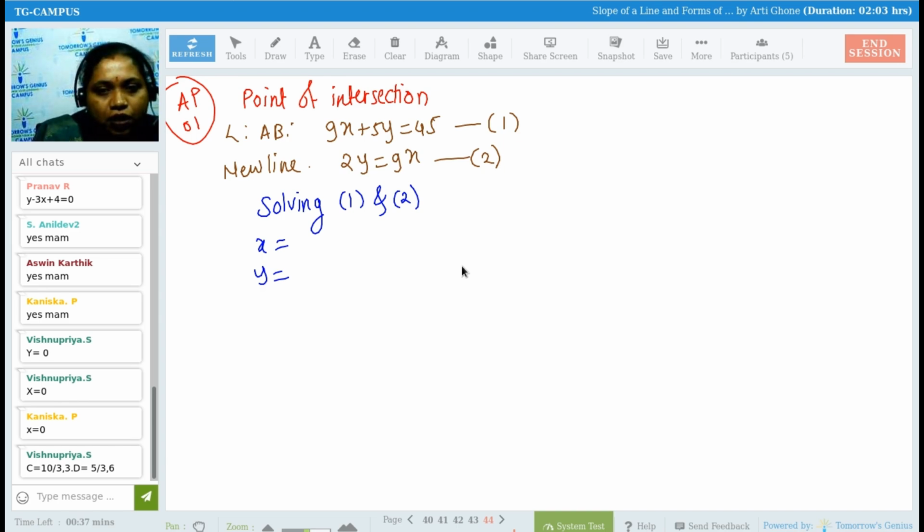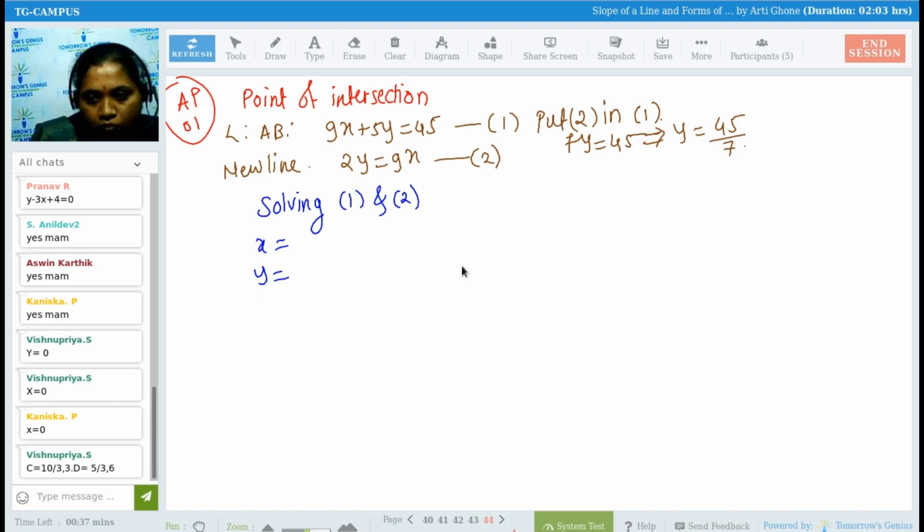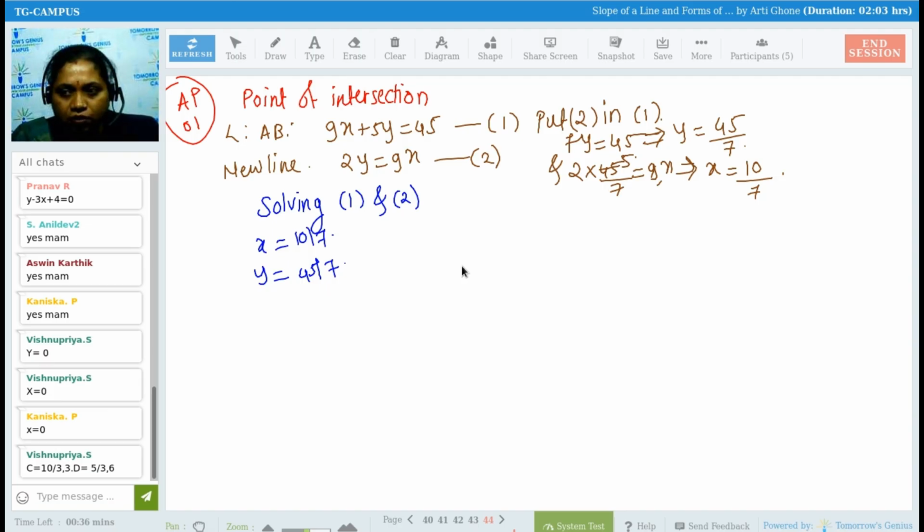Just use equation 2 in equation 1. So put 2 in equation 1, you will get the answer of 7x. 10 by 7 and 45 by 7. These are the two answers you have received.